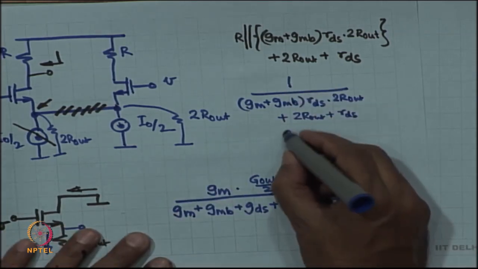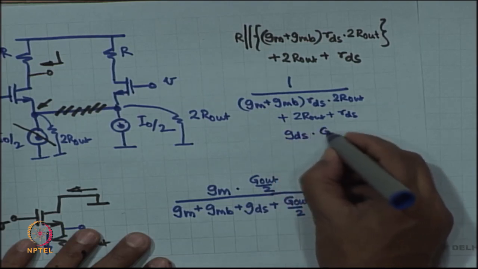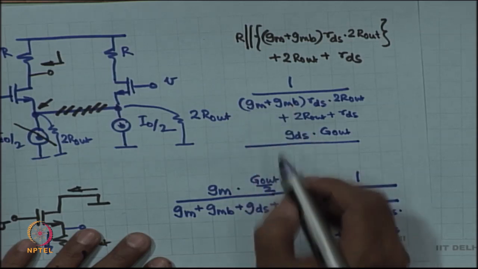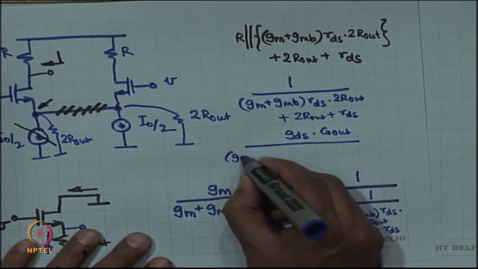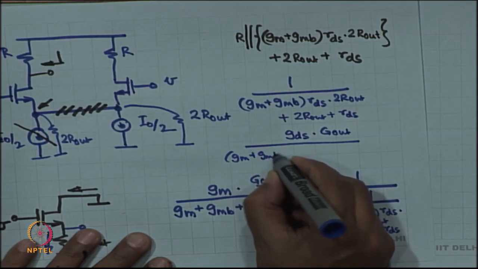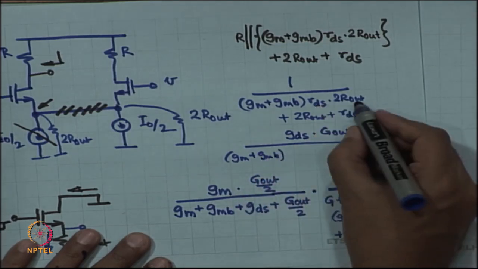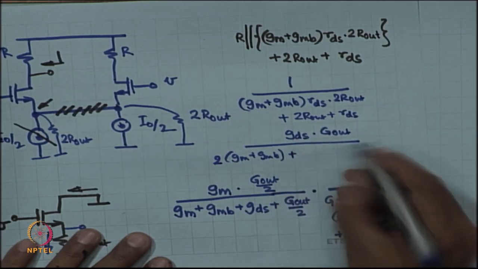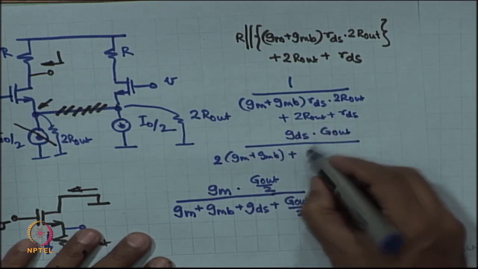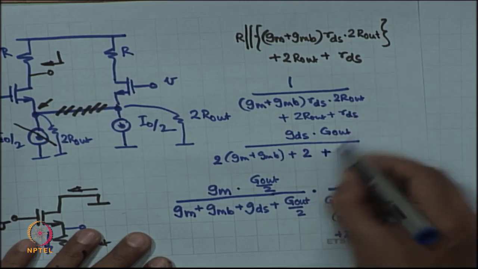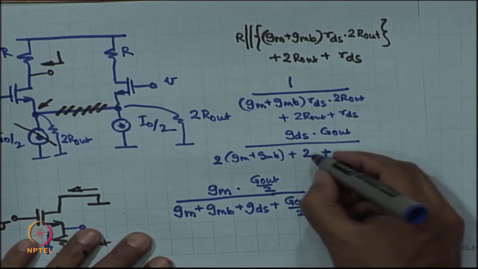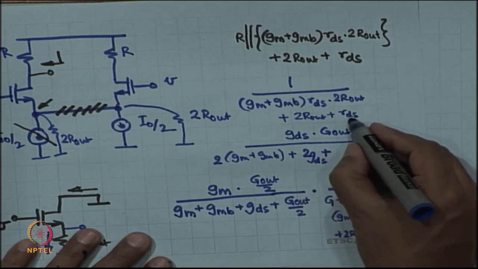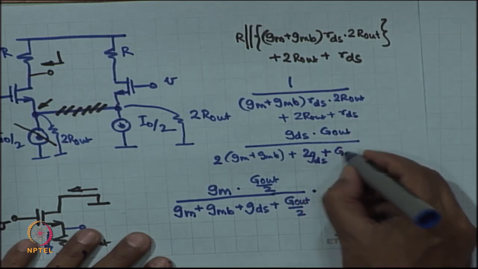So, this is going to be GDS times G out divided by Gm plus Gmb, RDS goes away, R out goes away. So, 2 remains plus 2 R out. So, 2 remains plus 2 R out, 2 GDS remains and RDS becomes G out.